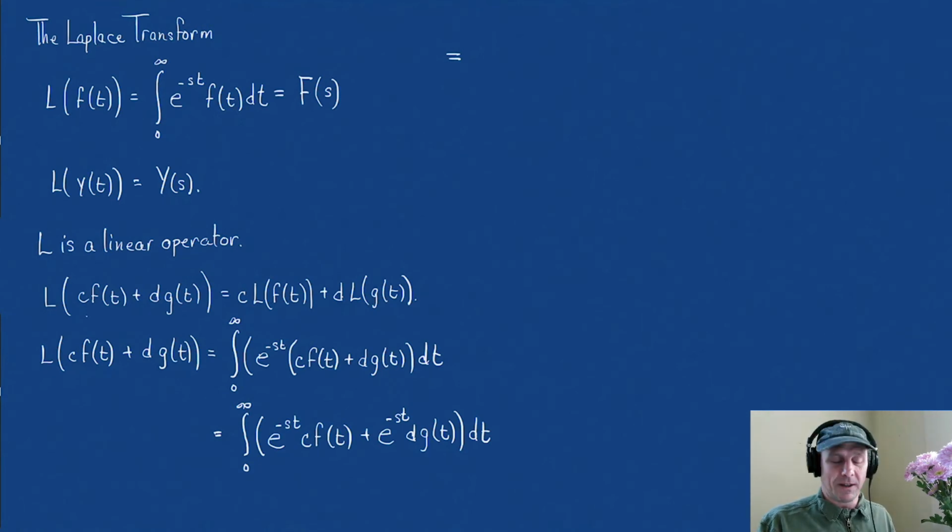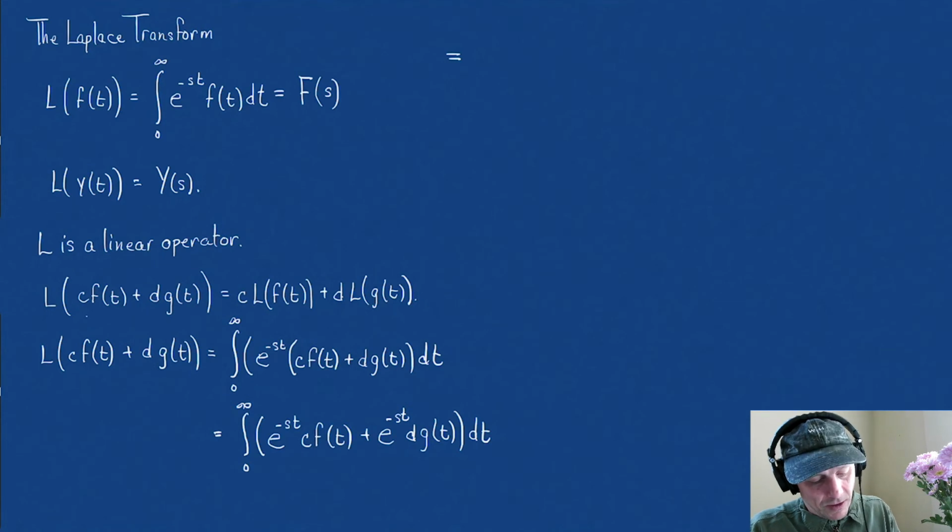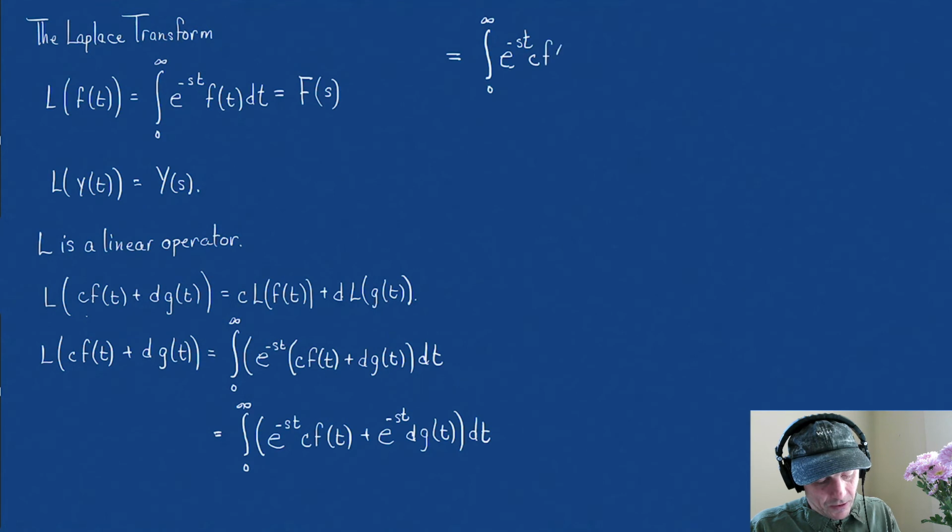Well, we can make that into the sum of integrals. So this is the integral from 0 to infinity of e to the minus st times c times f of t dt plus the integral from 0 to infinity of e to the minus st times d times g of t dt.